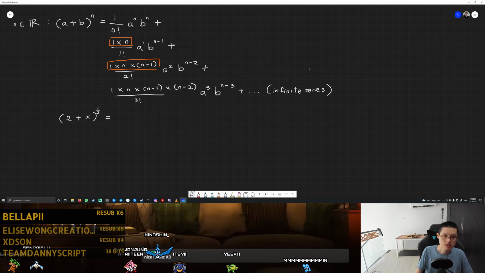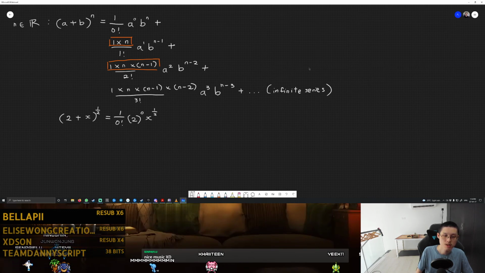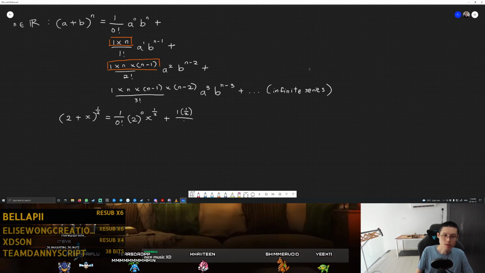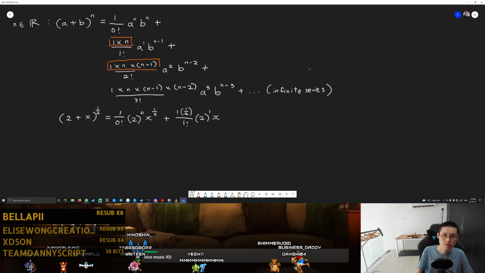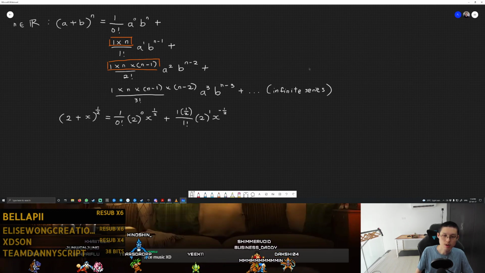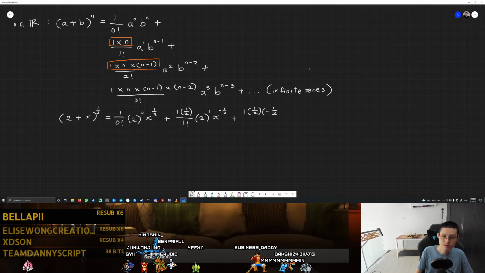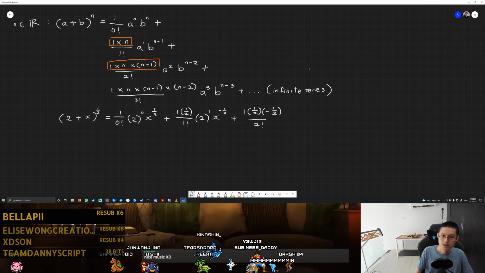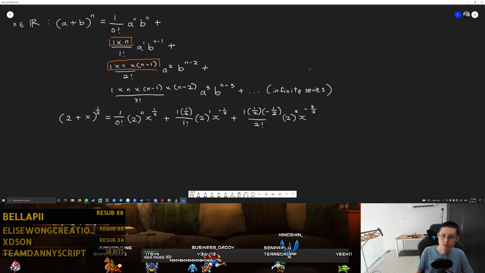So the way you expand this is you first write 1 over 0 factorial 2^0 x^(1/2), plus 1 times 1/2 over 1 factorial 2^1 x^(1/2 - 1), so that's x^(-1/2), plus 1 times a half times (half minus 1, which is negative a half) divided by 2 factorial, and then 2^2 x^(-3/2).